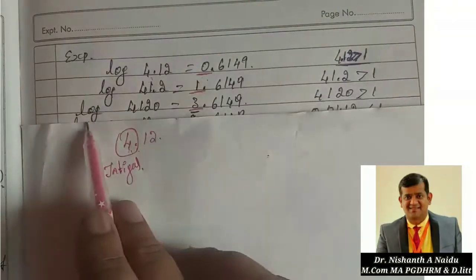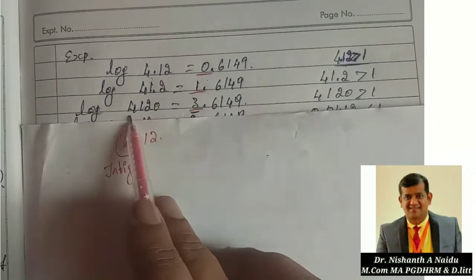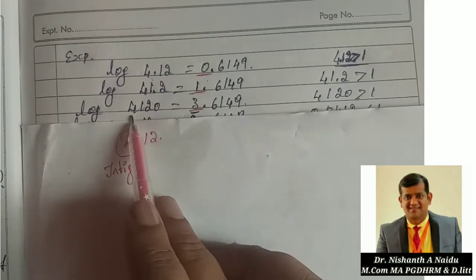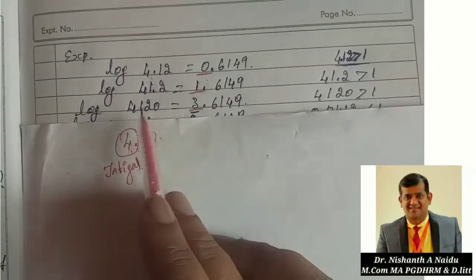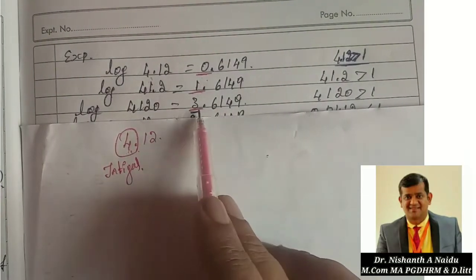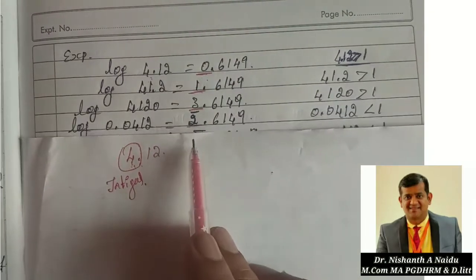Clear? The same way, log 4120. How many integers are there? 4 integers: 1, 2, 3, 4. So 4 minus 1 is 3, giving 3.6149. Here 3 is the characteristic. Getting my point?